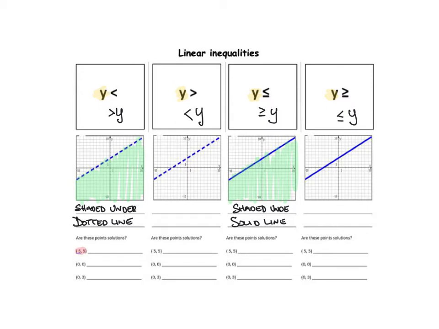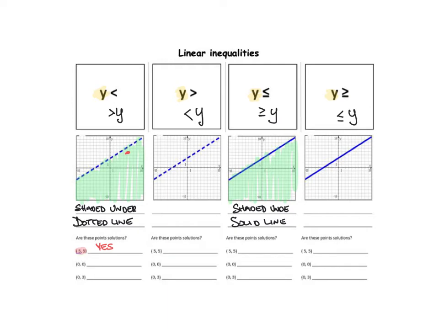The point 5, 5 is right there. This point is in the shaded area, so we say this is a solution. That means that combination would work in whatever inequality I have. Right now we're just talking in general, we don't have numbers.